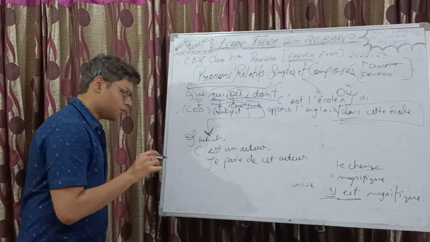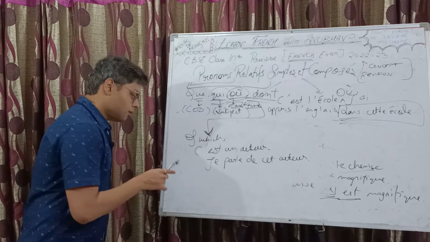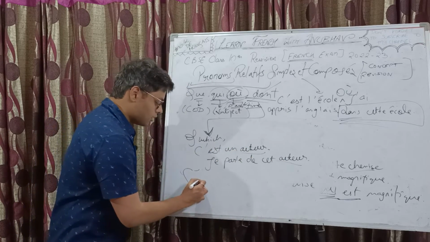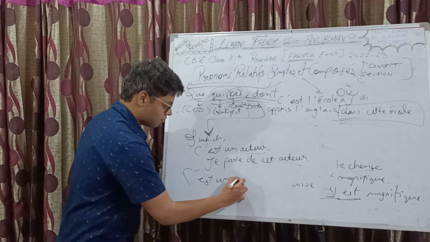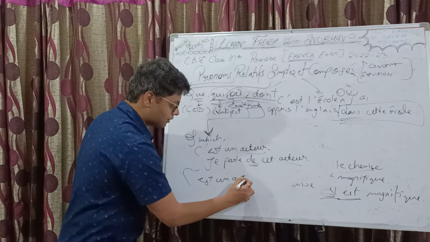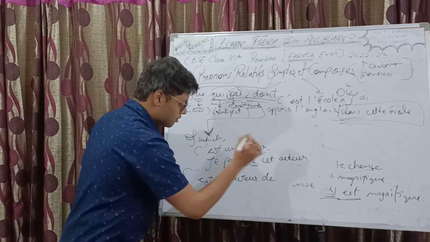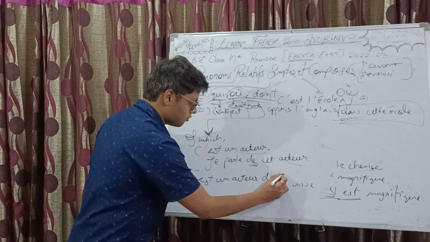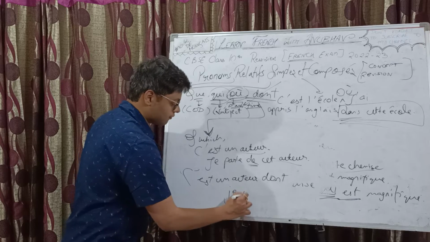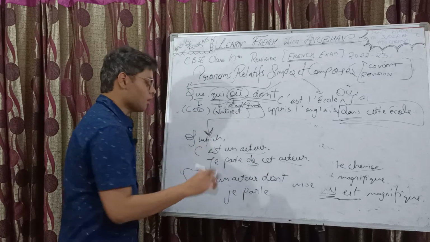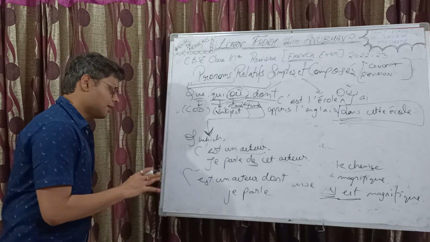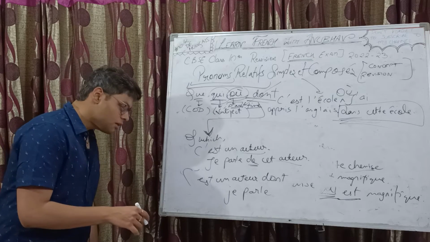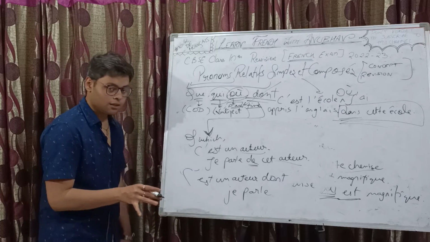C'est un acteur, full stop, je parle de cet acteur. Actor is getting repeated, right? So, c'est un acteur. It is preceded by de, so c'est un acteur de... Oh, sorry, dont. Dont je parle. This is an actor of whom, or about whom, I speak.